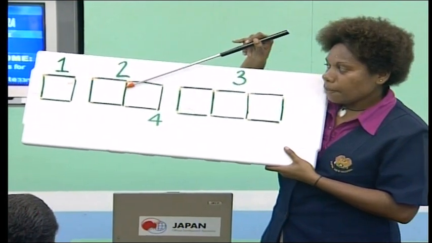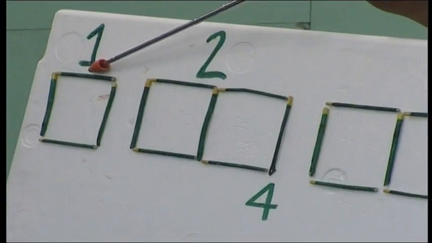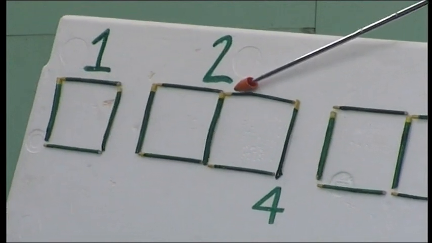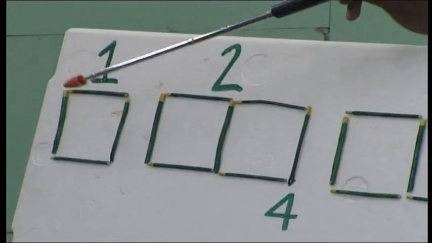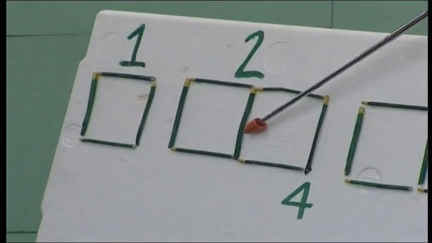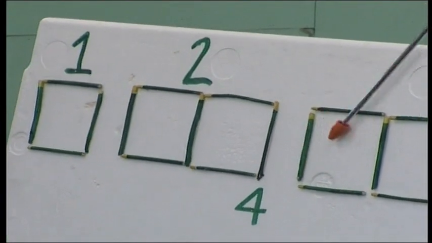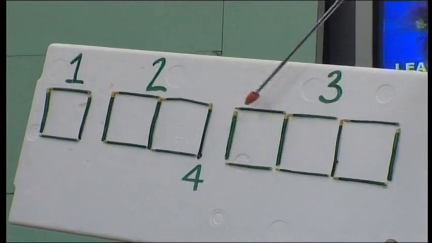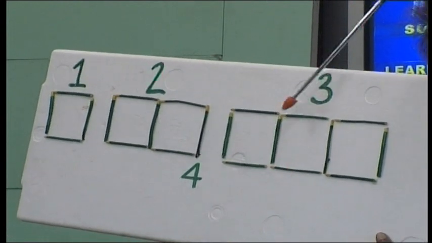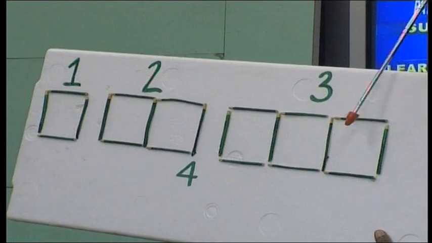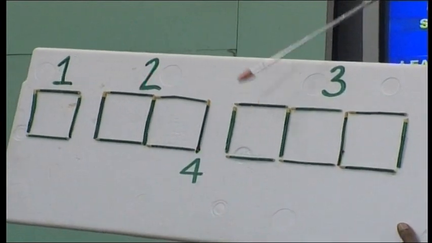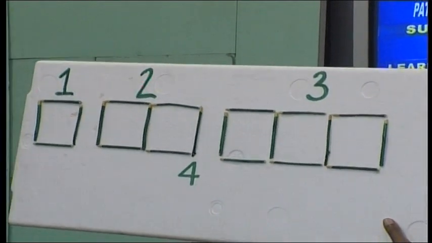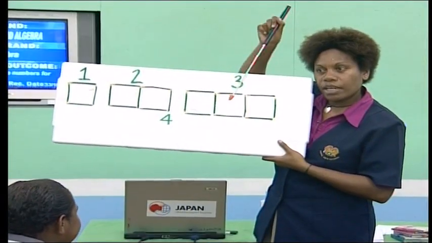So 4 plus how many gives you 7? 3. Let's see, how many sticks make up 3 squares? 1, 2, 3, 4, 5, 6, 7, 8, 9, 10. Okay, 10 sticks make up 3 squares.